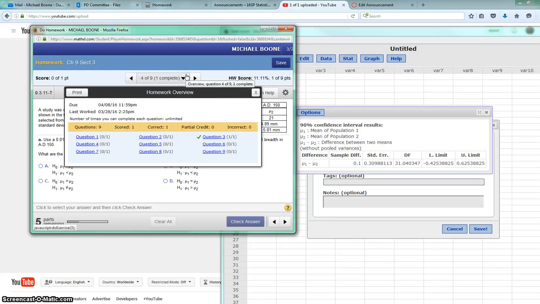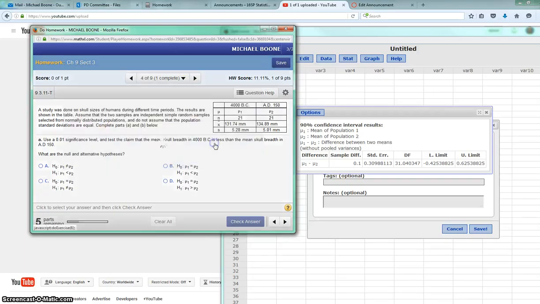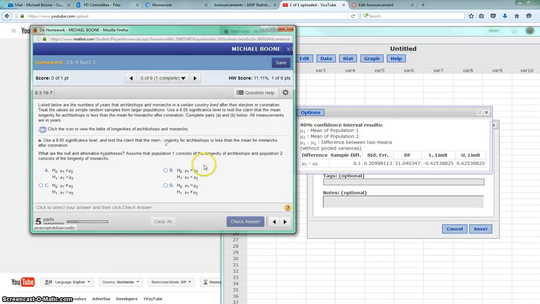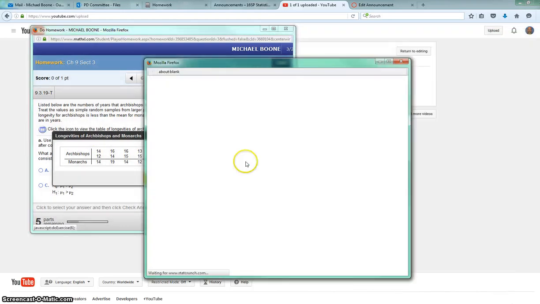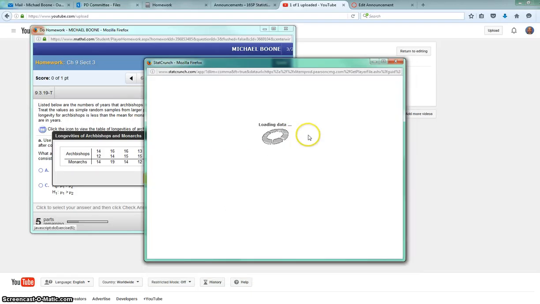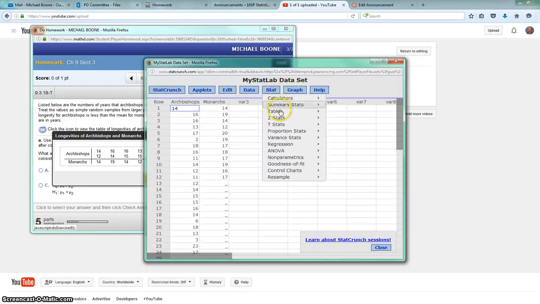One other one to look at real quick, just to show how it's set up, is number 6. In number 6, they give us data. Everything else would be done similarly, but notice that it's not the same sample sizes. They're different sample sizes. But we could go in here and do a Stat, T Stats, 2-sample with data.